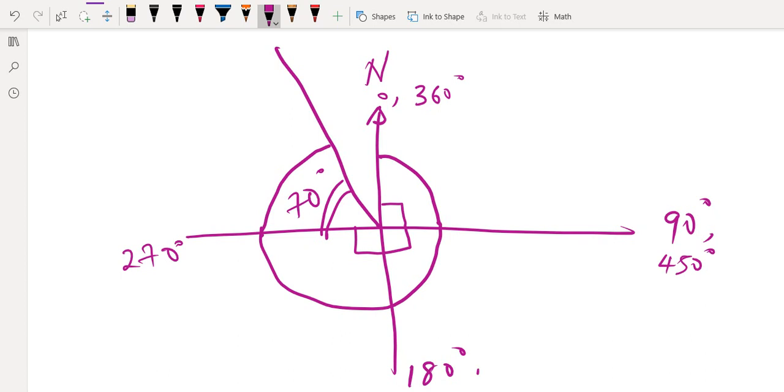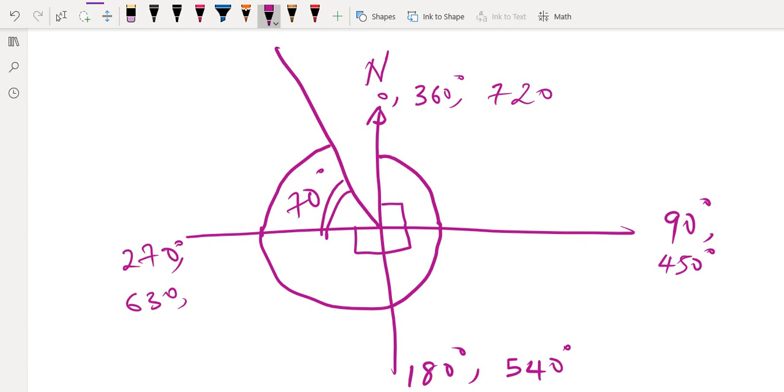Add 90 to 450, we get 540. Are we getting that? You can also turn again. Add 90 to 540, 630. Then add 90 to 630, you come back to 720. You see that? You can keep turning around.